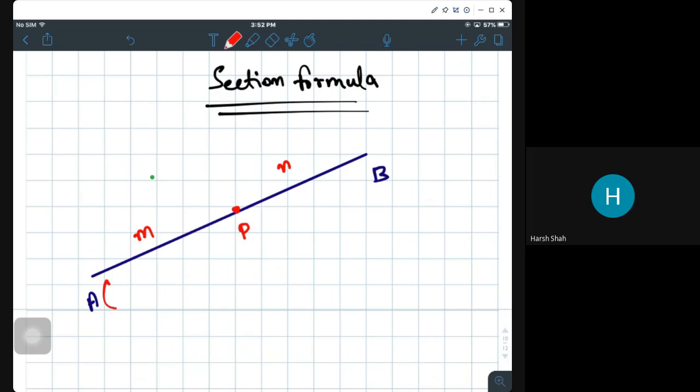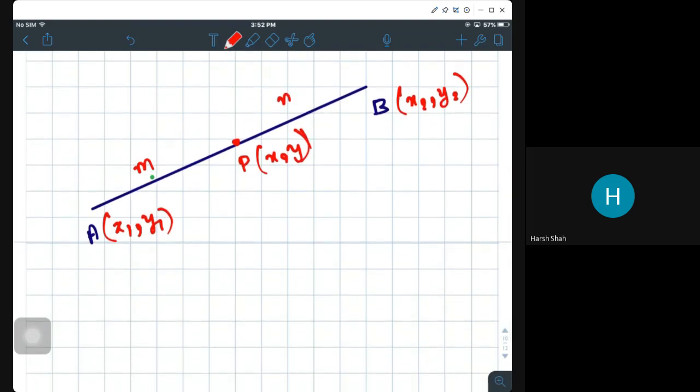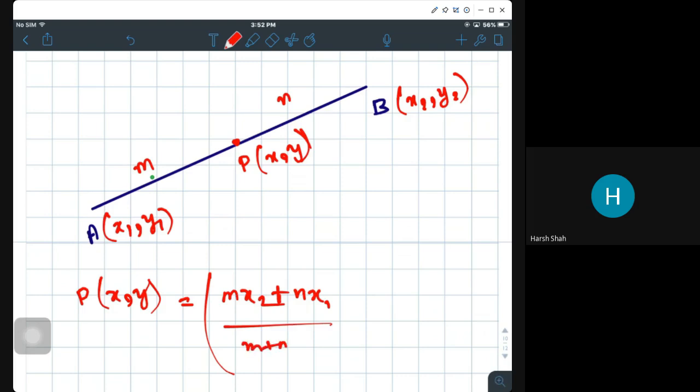Let's assume that A is at x1, y1 and B is at x2, y2. I want to find the value of P, x comma y. For this, we have a simple formula: P of x comma y is equal to (mx2 plus nx1) by (m plus n). And similarly, for the y coordinate, we have (my2 plus ny1) by (m plus n).